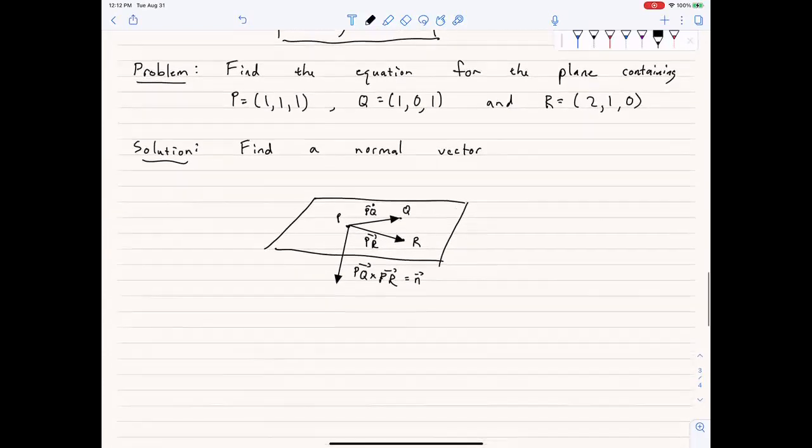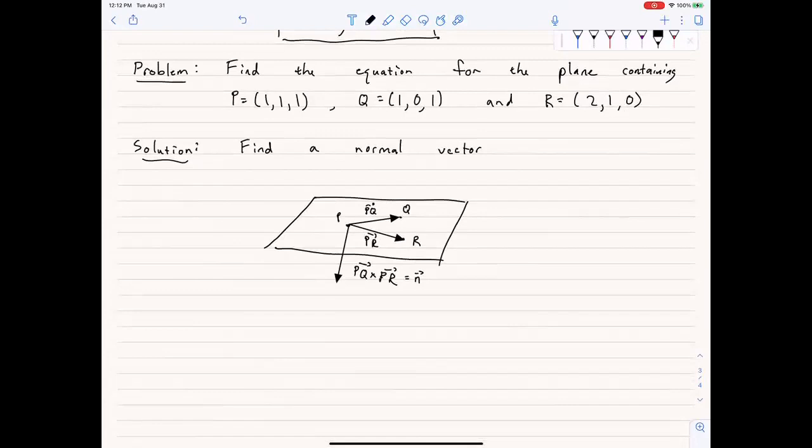So let's check. To get this vector, I need PQ. And you didn't have to choose these 2 vectors. You could have done QR and QP or something. That's fine, but I'm just doing this. So PQ is going to be 1 minus 1 is 0, 0 minus 1 is negative 1, 1 minus 1 is 0 again.